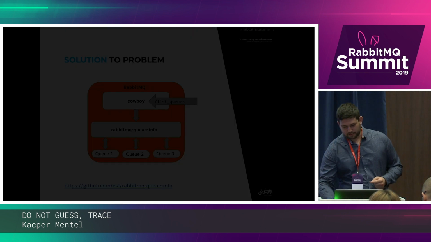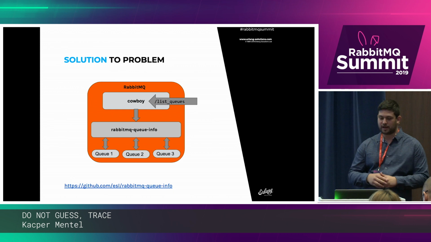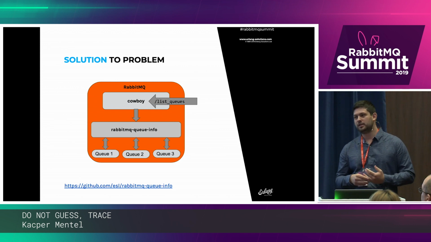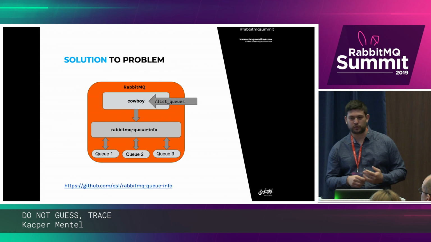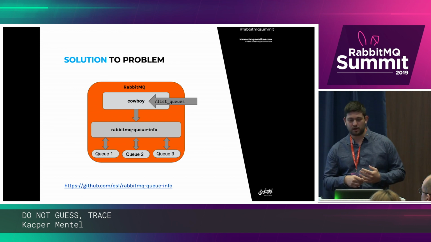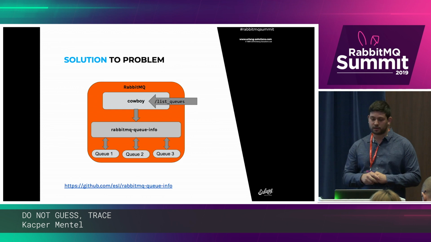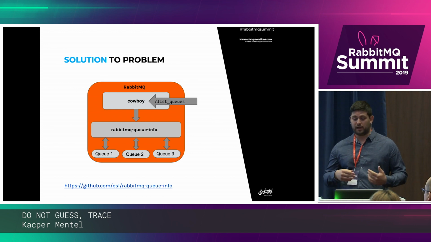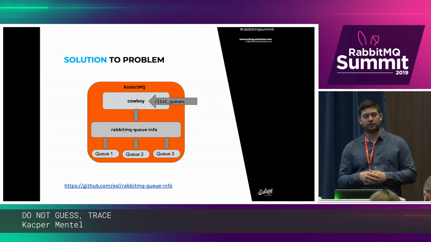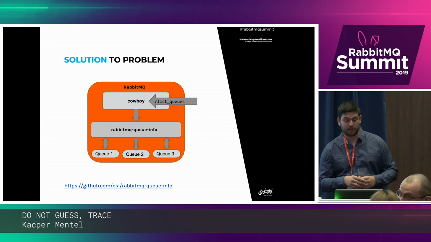And it turned out that there is the rabbit_amqqueue:emit_info_all function that allows retrieving exactly the information that we were interested in, but directly from queue processes. So we could use that API from a custom RabbitMQ plugin and expose an HTTP endpoint that would return that information when queried.